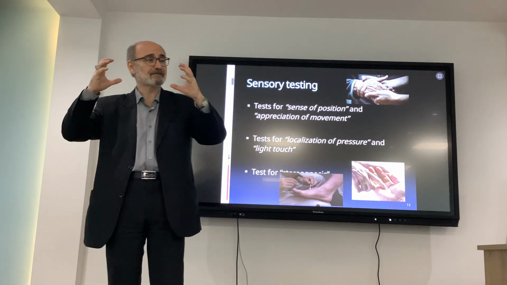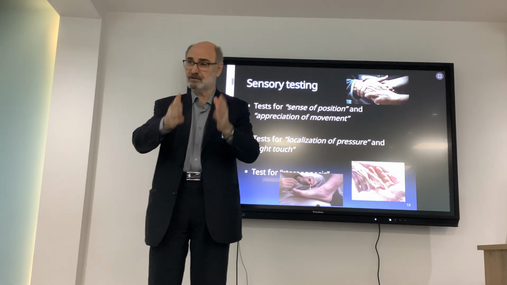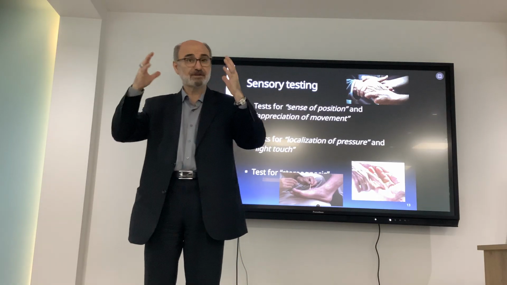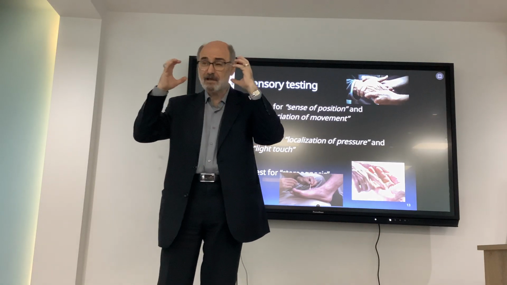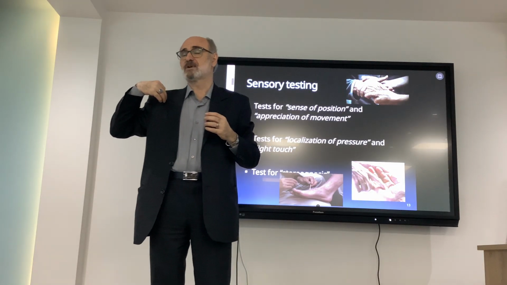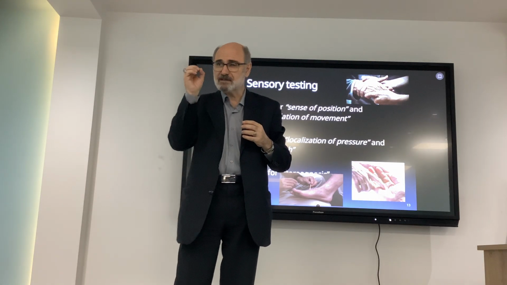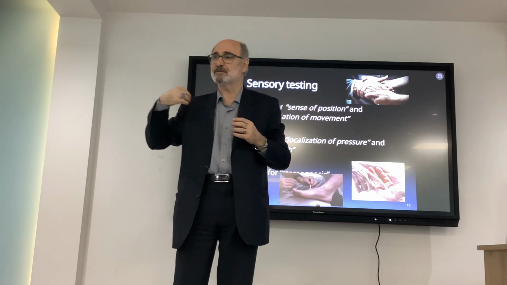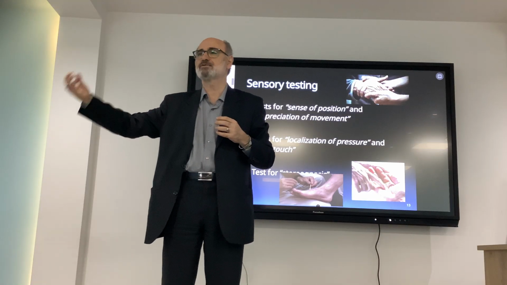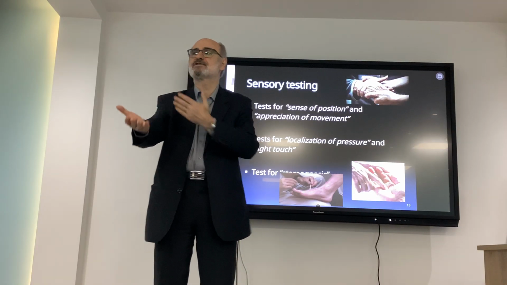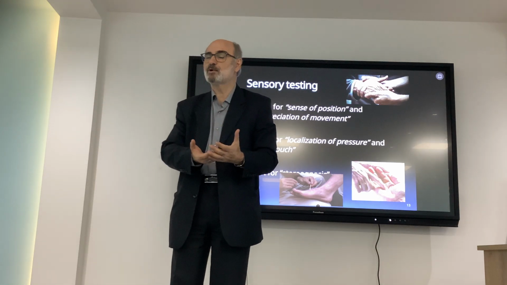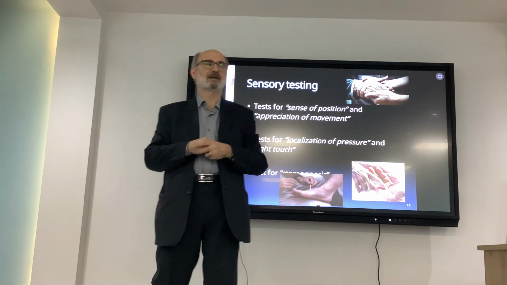For example, after describing the procedure to the patient and first performing it on the intact side, when he has understood the procedure, you close the eyes, you move, for example, the shoulder into abduction, you stop it and ask him to report the position of the shoulder. Or you keep the elbow in extension, you ask him to report the position of the affected elbow, or show it on the intact side.